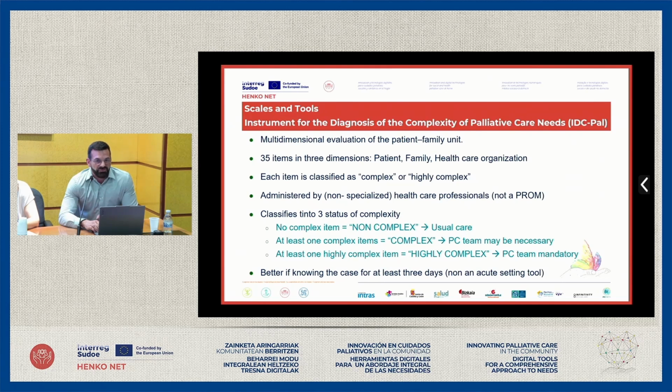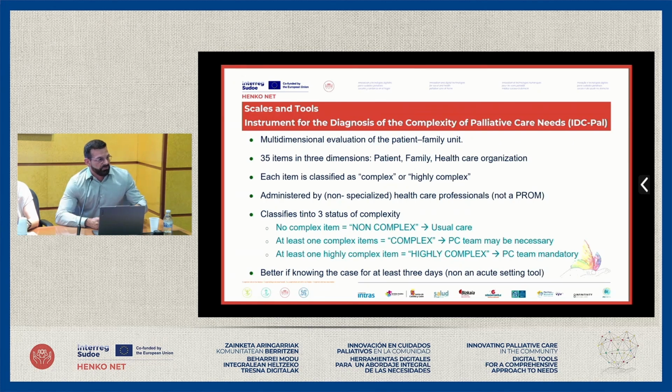I also introduce to you a second example of a scale identifying patients who need specialized palliative care, with this time 35 items in 3 dimensions: patient, family, health care organization. Each item is classified as either complex or highly complex, and it can be administered by non-specialized healthcare professionals also, but it's not a PROM, it's not a patient-reported outcome.